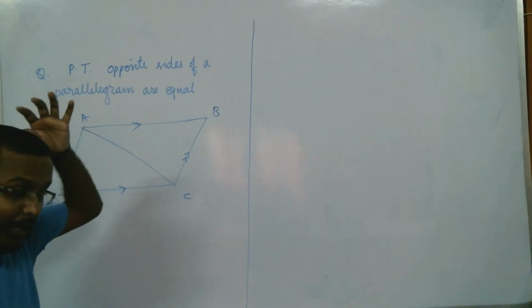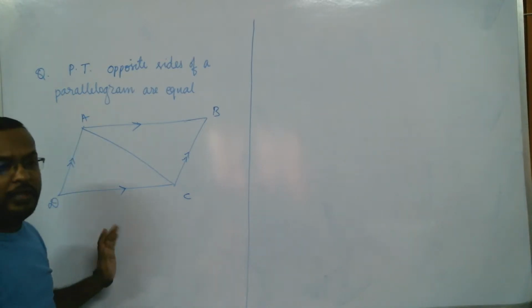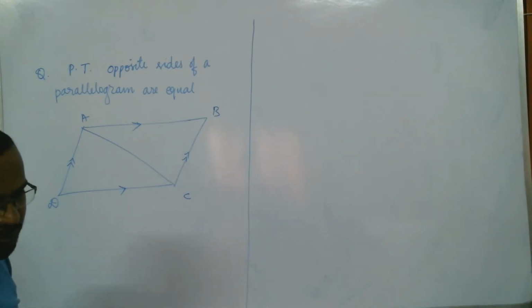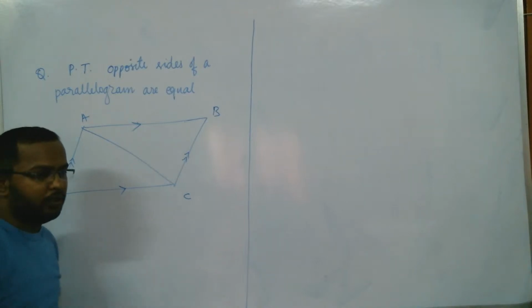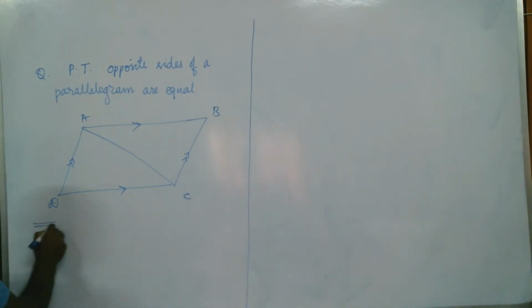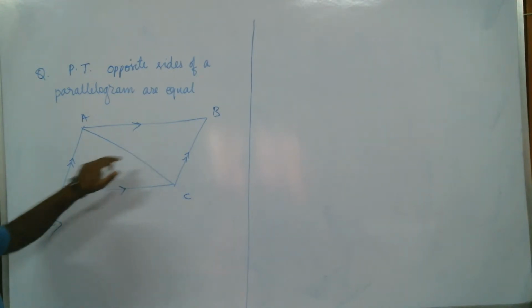According to the definition of a parallelogram, it is a quadrilateral with two pairs of parallel lines, and nowhere in the definition do they say that opposite sides are equal. We'll take that only after proving it. Now, how can you prove this? In the last class I told you that in order to prove this, we have to take two triangles.